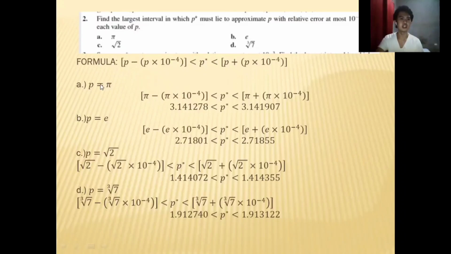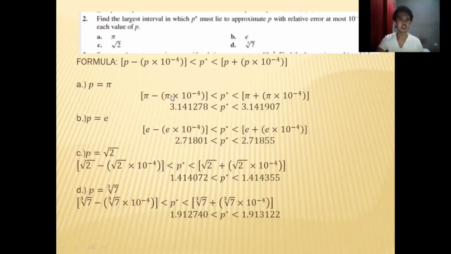So in letter A, p equals pi, so pi minus pi times 10 raised to negative 4, and pi plus pi times 10 raised to negative 4.